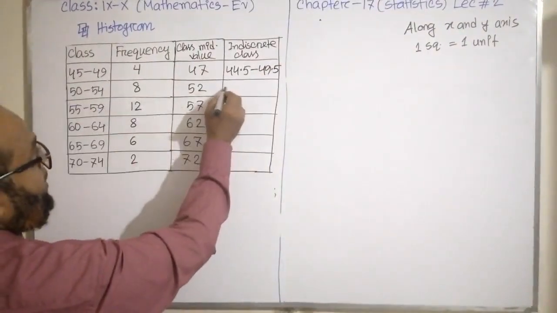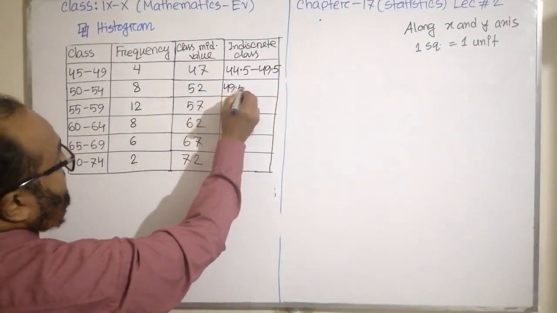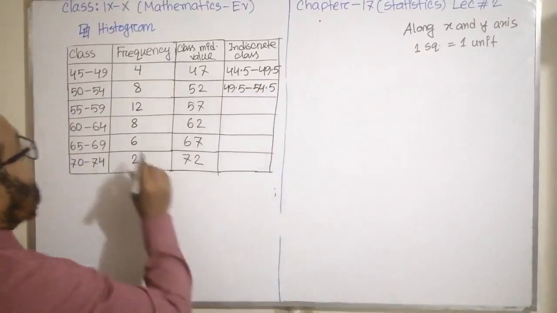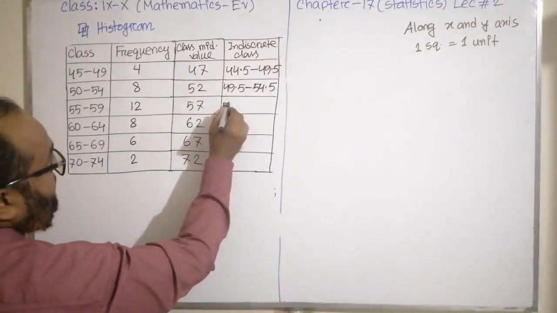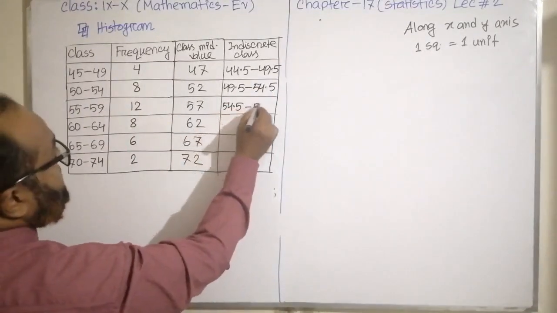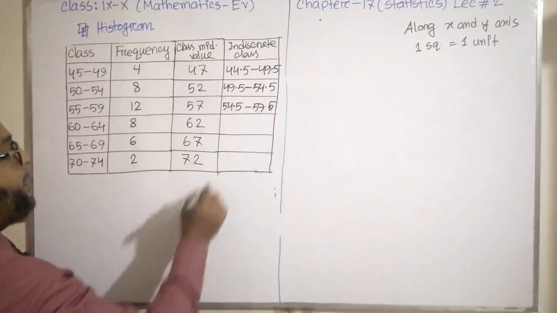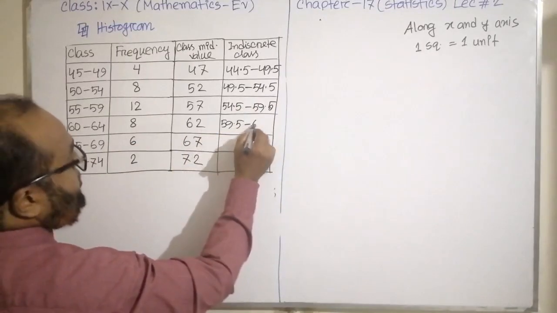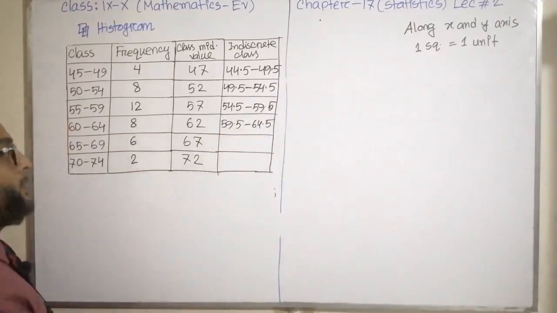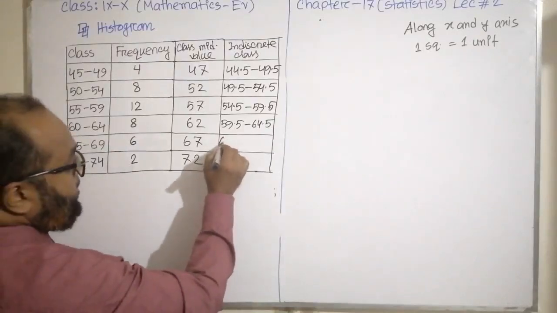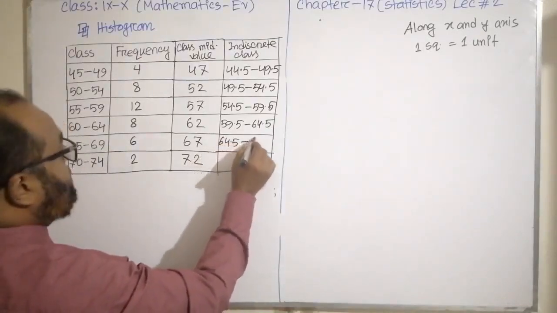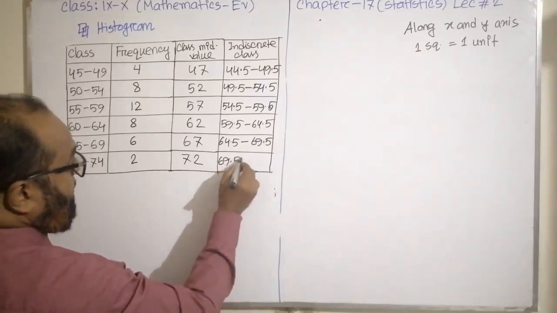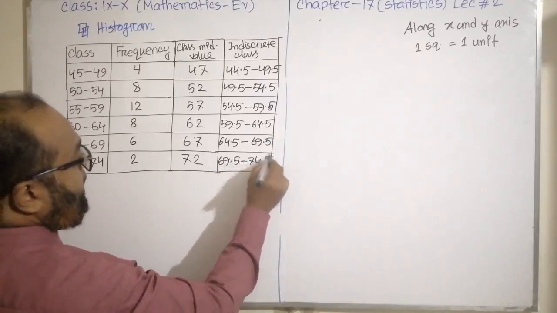Then this starts from 49.5 to 54.5, then 54.5 to 59.5, then 59.5 to 64.5, and 64.5 to 69.5. Finally, this is 69.5 to 74.5.